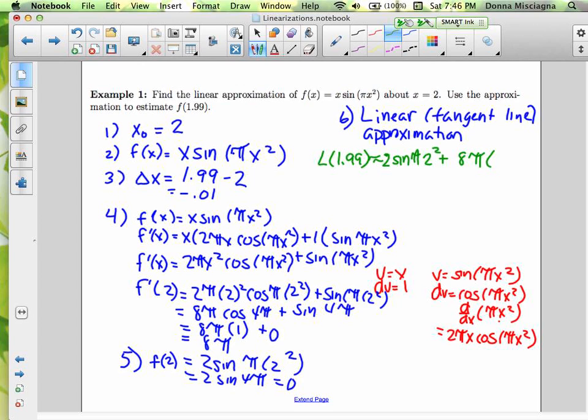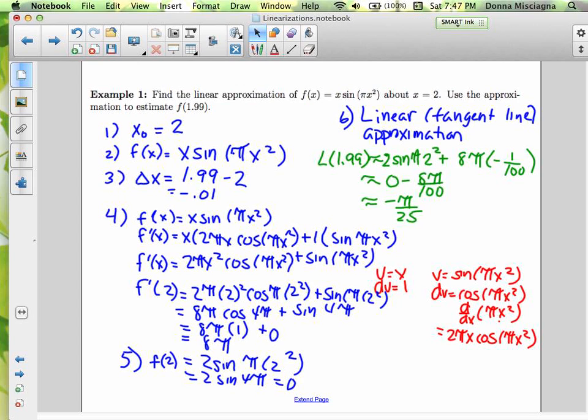So that's a negative 1/100th. We know this was 0, and this is now going to be minus 8 pi over 100, and we could reduce that. They're both divisible by 4, so that's going to be negative pi over 25. That would be the approximate value of f of 1.99.